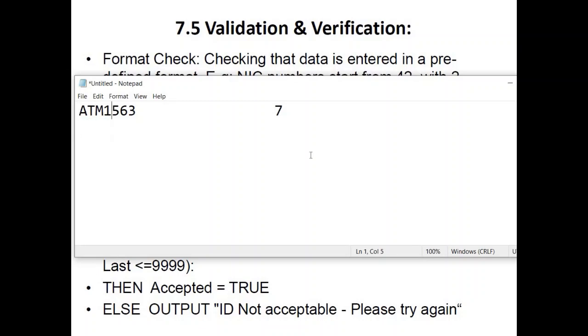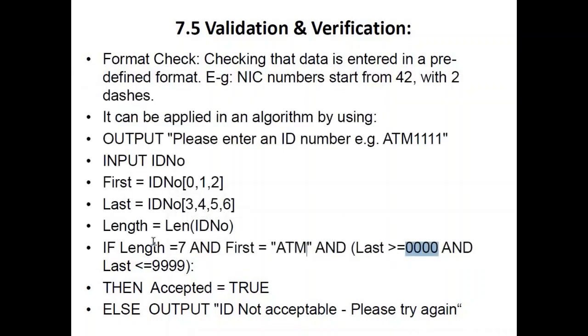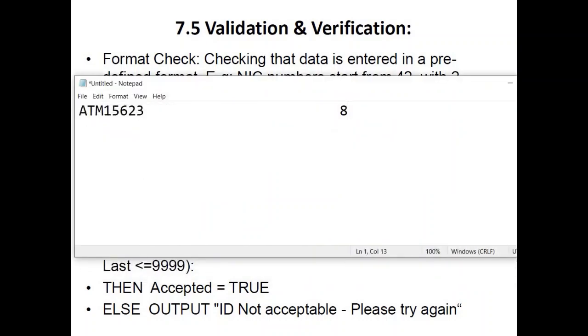But if I write something like ATMM1563, then the first check would be if length equals to 7. It is not 7, it is now 8. So you are going to have ID not acceptable, please try again.